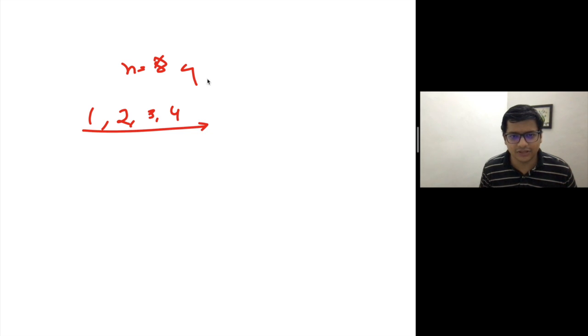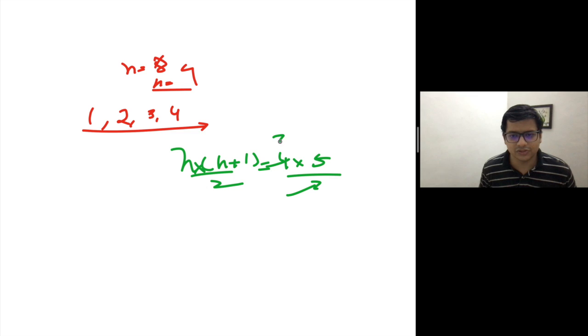Yes, that would work, because we supply the value 4 into n(n+1)/2, which is 4 times 5 by 2, which is 10. It is working perfectly fine. But if you are asked to calculate it with the use of recursion, then how are you going to do that?